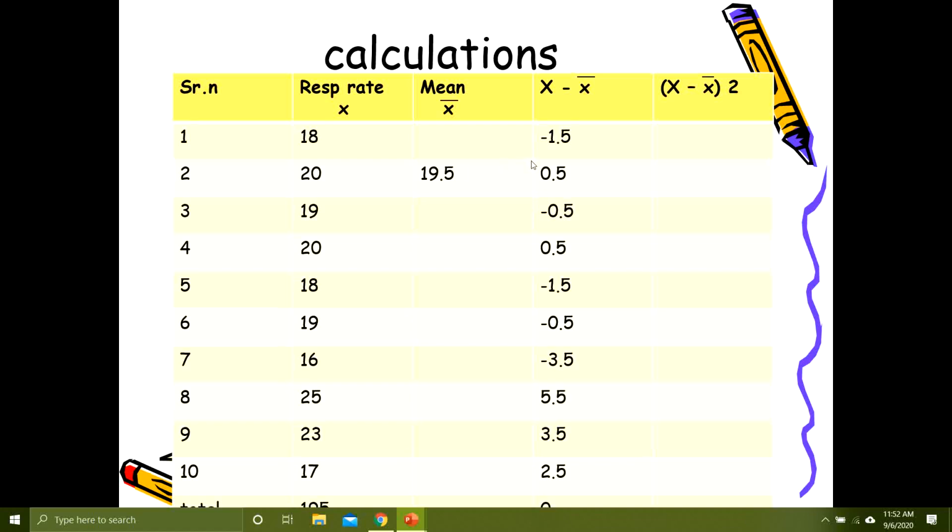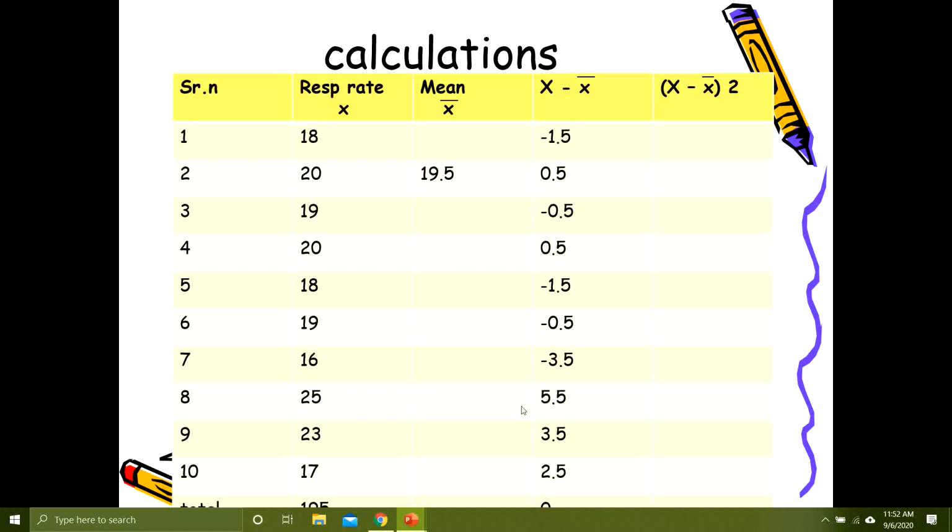Now I want to calculate the mean deviation. To calculate the mean deviation, I will again sum them all up and divide by the sample size, as in the mean calculation.